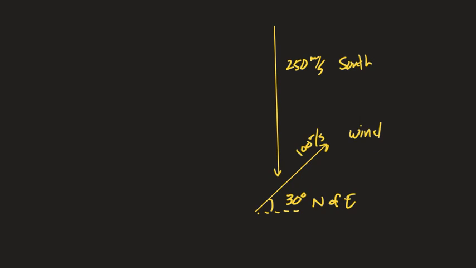Although this vector is fine, it's due south, this vector is not. We can only add vectors together if they are in the same direction or perpendicular to each other. That's what you guys have seen here. This one that's not requires more work first, ahead of time.